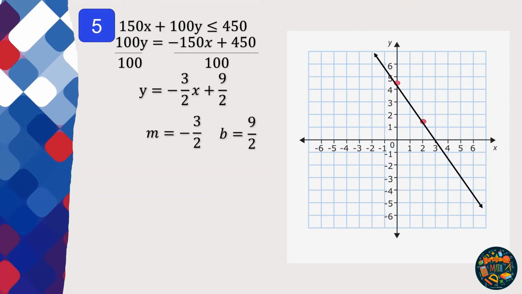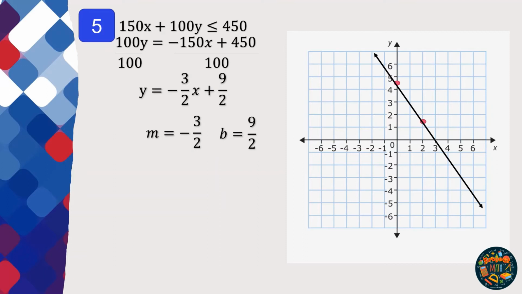Okay? Then find the shaded region. So which do you think is the shaded region? Is it on the upper half plane or on the lower half plane? Okay, so if we have the point of origin, x is 0 and y is 0, so in 150x plus 100y, when we multiply by 0, then the product is 0.